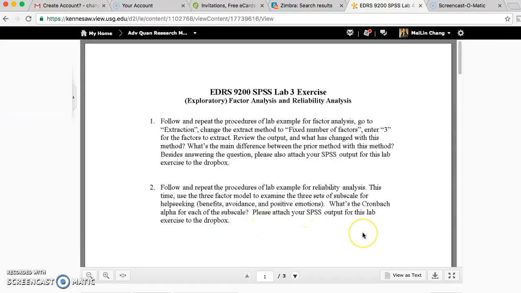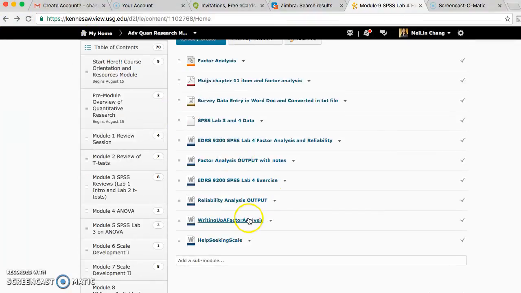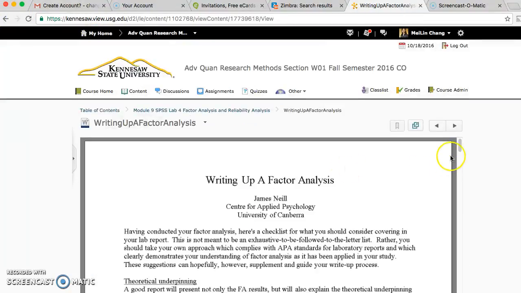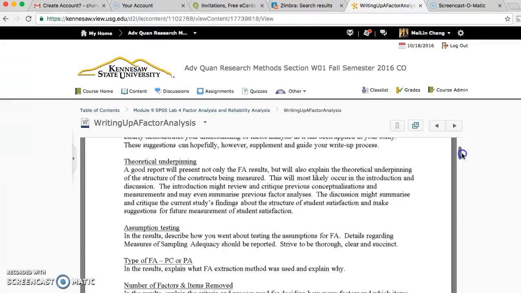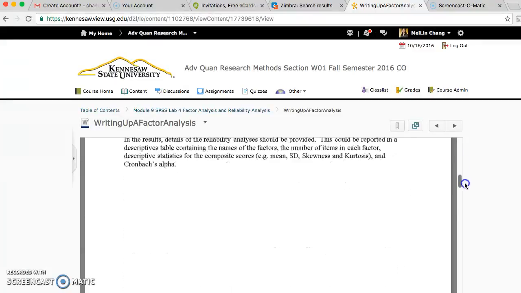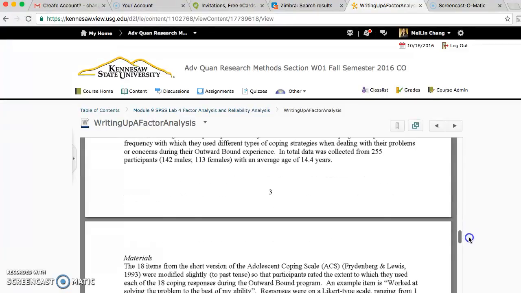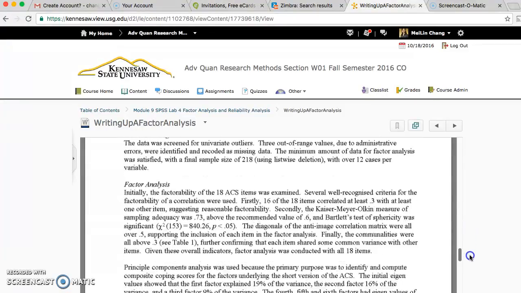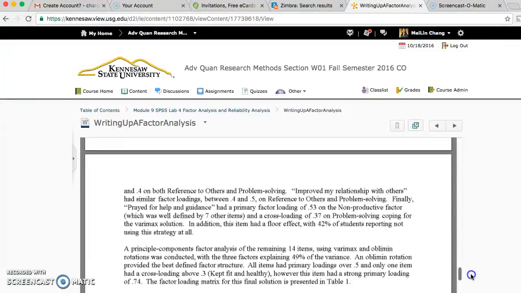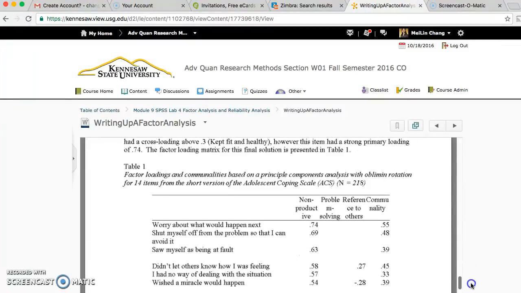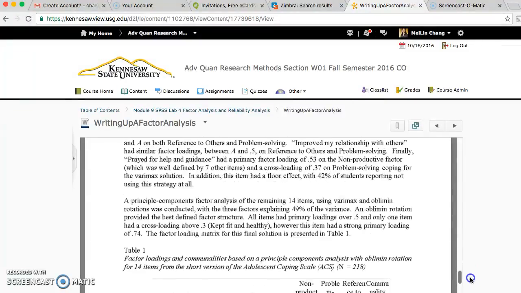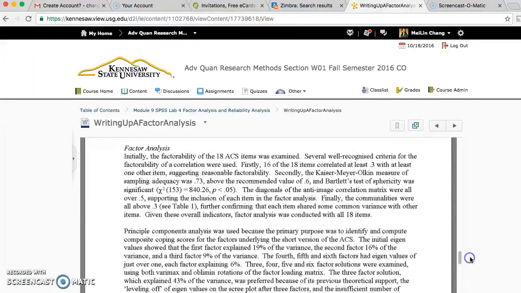When you report or do your write-up, remember there's a kind of standard write-up for reporting factor analysis and reliability.